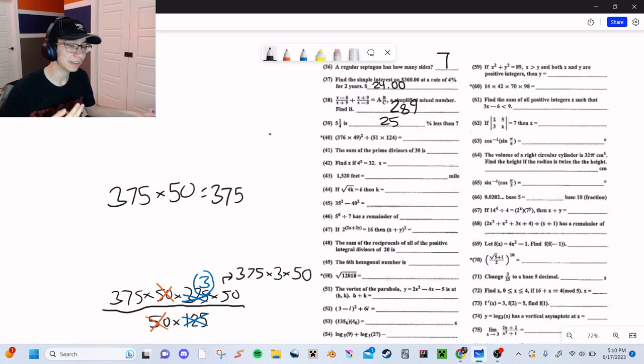But I'm going to round a little bit to make it easier myself, so I'll round again here. I'm going to round this 375. I'll round it to a 380. So I'm going to divide by 2 and then multiply by 100.